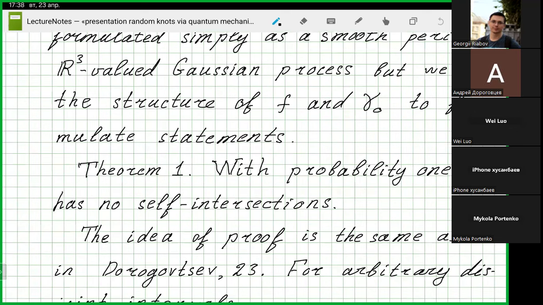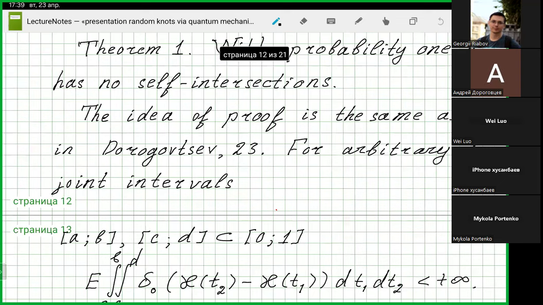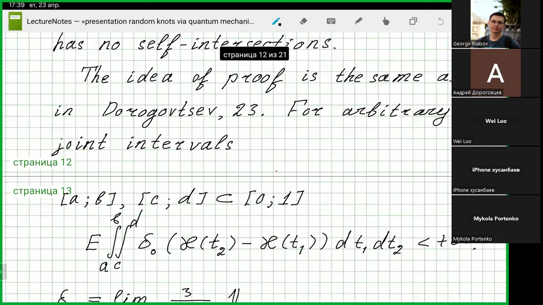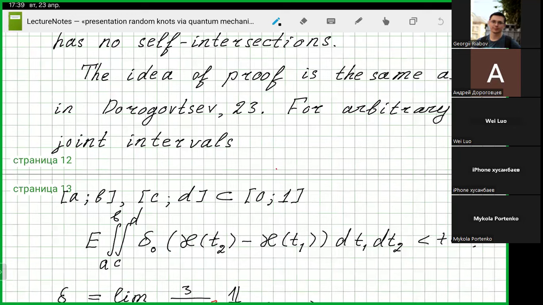The idea of the proof is more or less the same as I proposed here at this seminar a year ago, and is based on the calculation in two different ways of the local time of self-intersection. So let us consider these two disjoint sub-intervals of [0, 1]. And then the expectation of the delta function of the difference gamma t2 minus gamma t1 is finite.